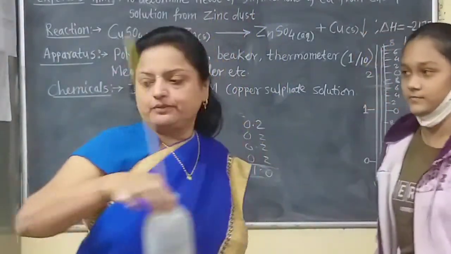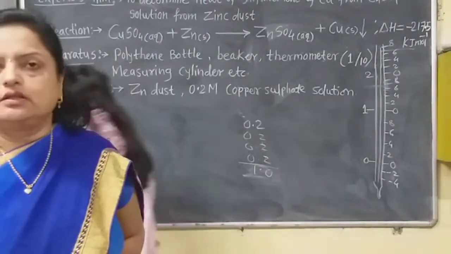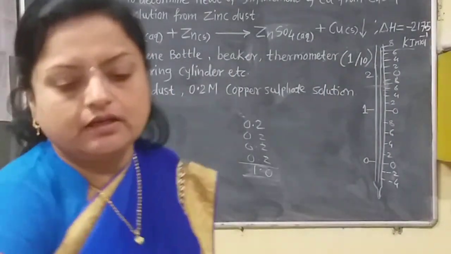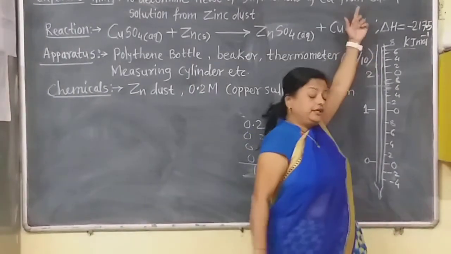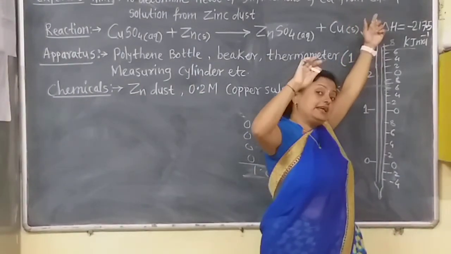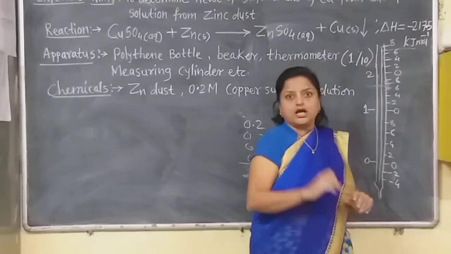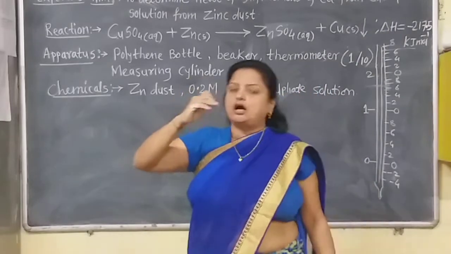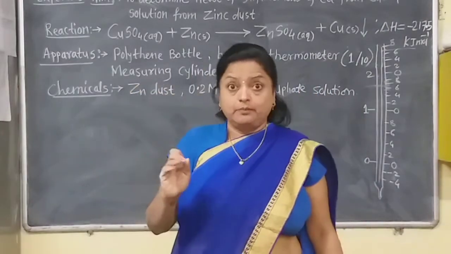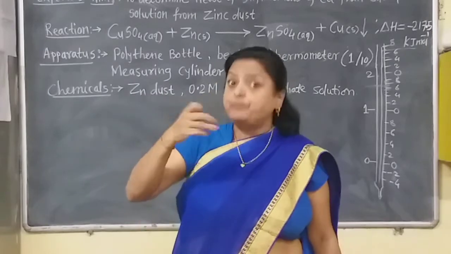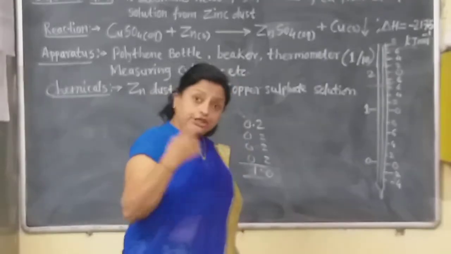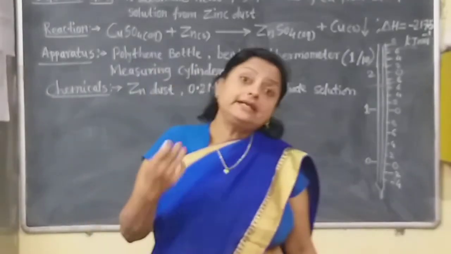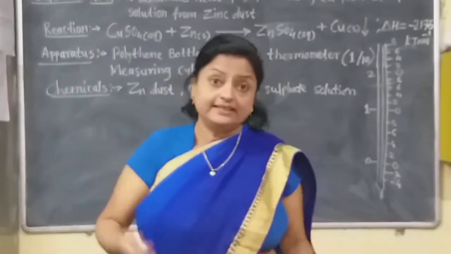The student, here the temperature is above 30, in between 8 and 40. Above 30 means above 38, but above 38 again 5 lines are there, that means 39. So the T2, that is the final temperature, is 39 degrees centigrade.